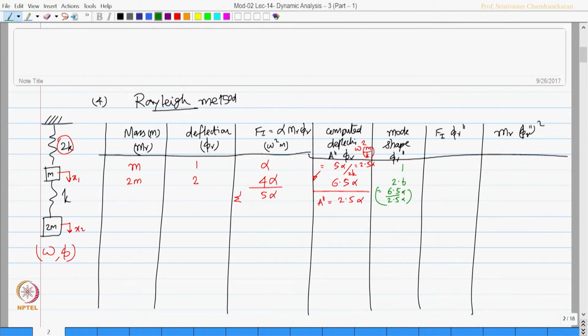Once I do this, I will then find f I multiplied by phi r, which is simply alpha, and 4 alpha into 2.6, that gives me 10.4 alpha. I sum this up, I say 11.4 alpha.